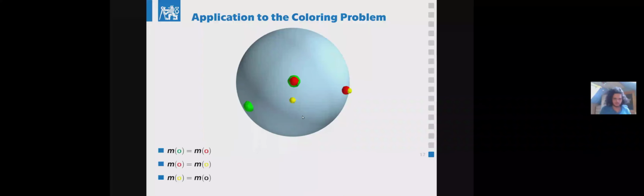So we show that this black point is indeed assigned the same value as the yellow point. We proceed like this. We know that these two greens are the same, because we showed that they are the same. Then we know these two reds are the same because they make the same angle as those two greens.